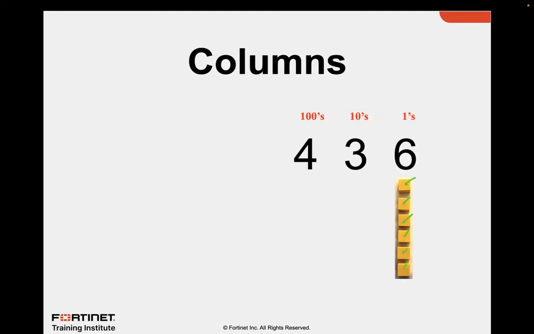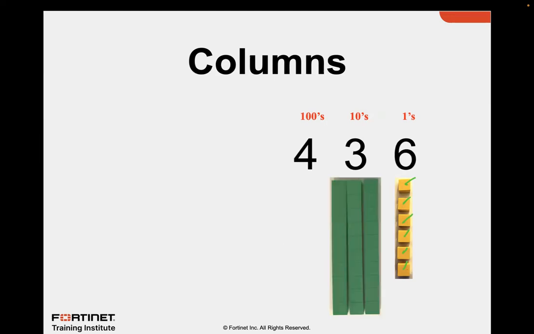6 ones. Now for the tens, I'm going to use a group of 10 blocks: 1, 2, 3, 4, 5, 6, 7, 8, 9, 10 blocks here. I've got 3 groups of 10, and that's what we mean. We put a 3 in the tens column, 3 groups of 10.